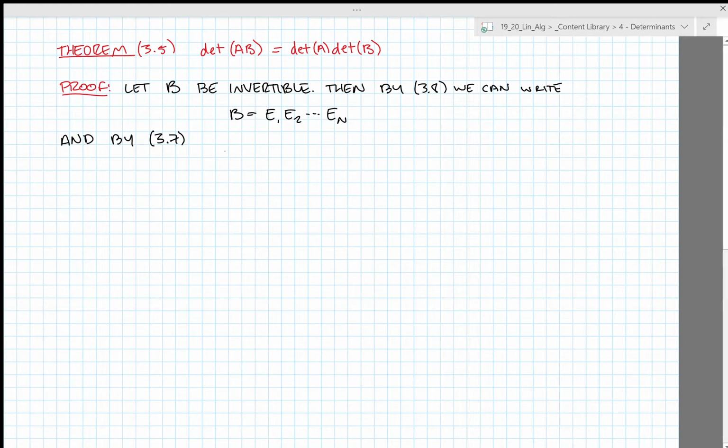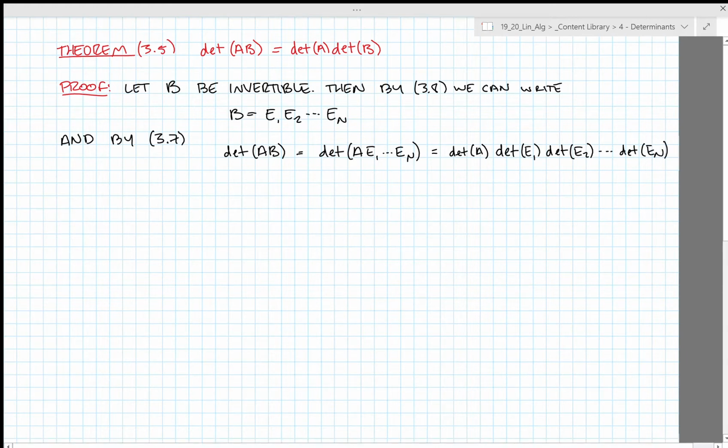So then we can say that the determinant of AB, well, that's really the determinant of A times E1 through En, right? And by 3.7, we can say that's the determinant of A times the determinant of E1, determinant E2, determinant En, right?